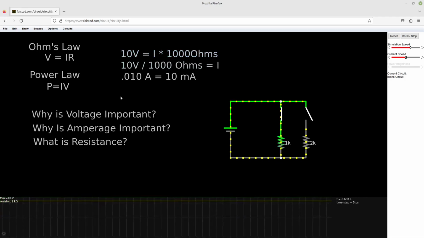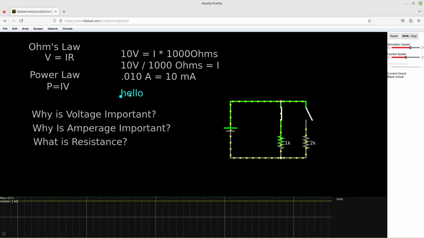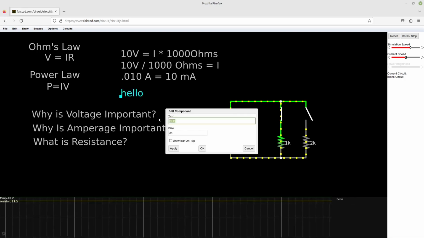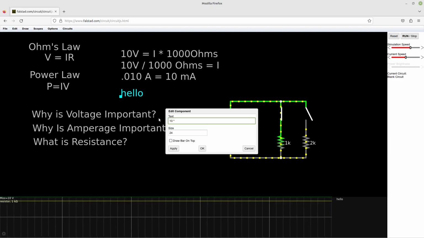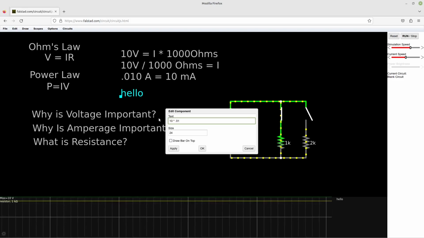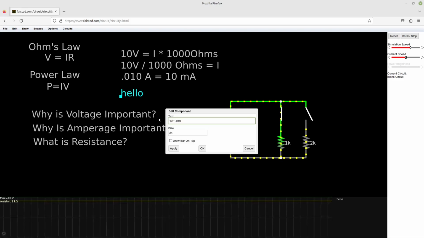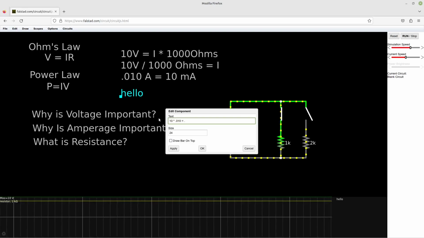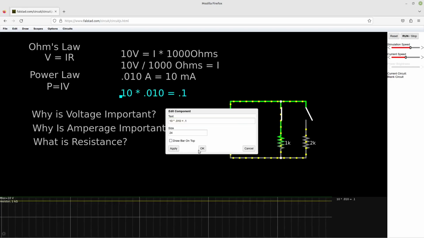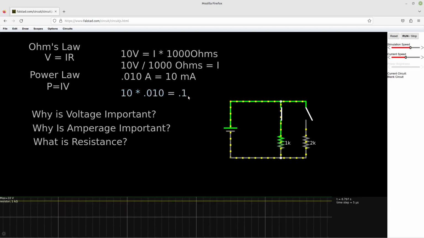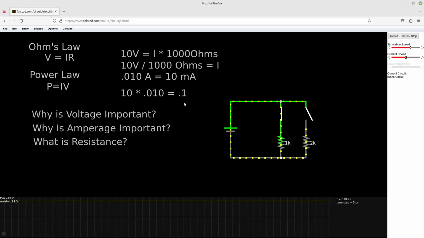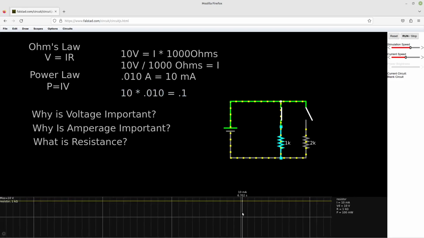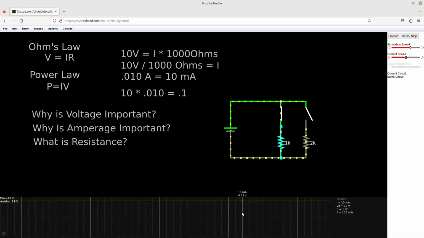And we can just write that out real quick to show why that makes sense. 10 times 0.010 equals 0.1. And when we move that decimal place over 3 times, we end up with the number 100, which gives us our 100 milliwatts.